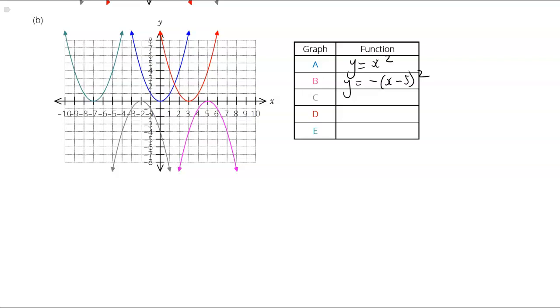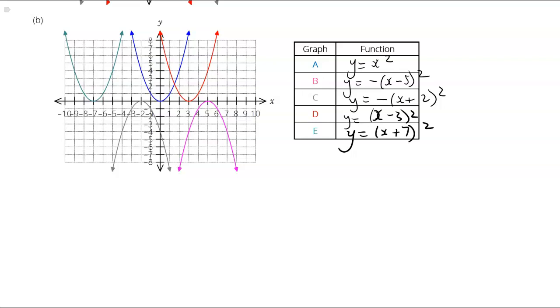Graph C, the grey one, is negative, but shifted to the left, so it's x plus 2. D, shift to the right, so it's x take 3. And E, shift to the left, y equals x plus 7 squared. 2 inverted, all the other 3 upright.